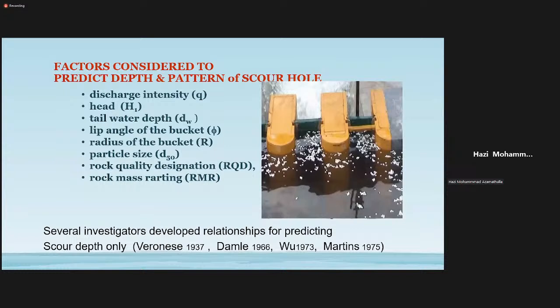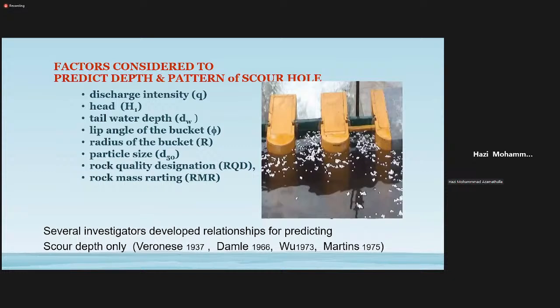Here you can see Subansiri Dam Spillway, I think that one, I forgot the name. So the factors considered to predict depth of scour and pattern of scour are, number one, discharge intensity. You are all aware, discharge intensity means per unit width, or specific discharge. Also head.